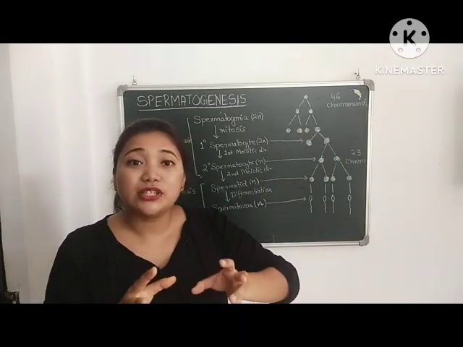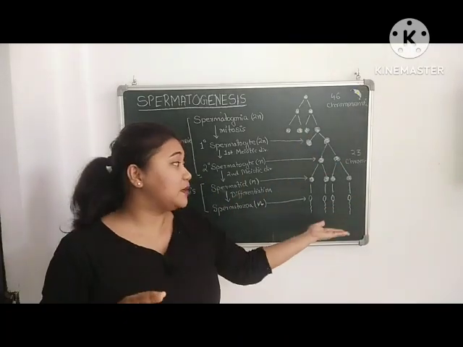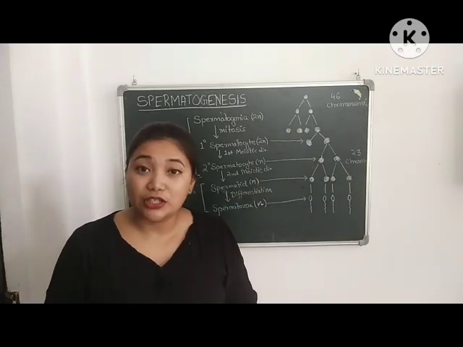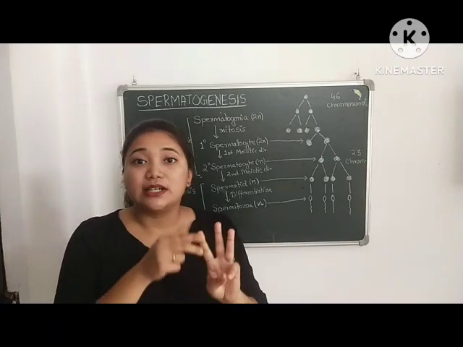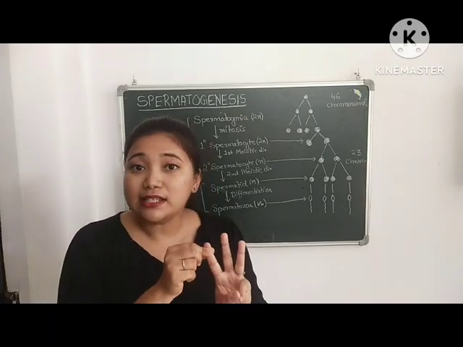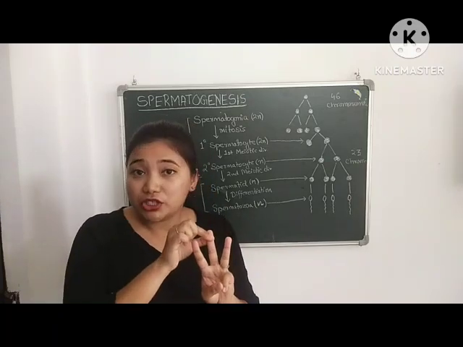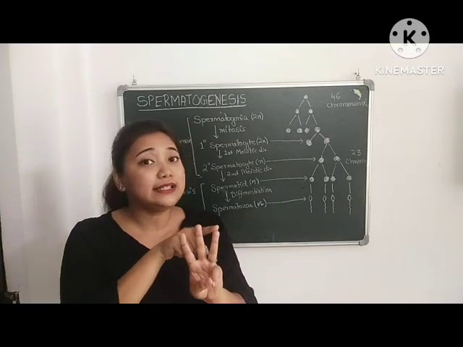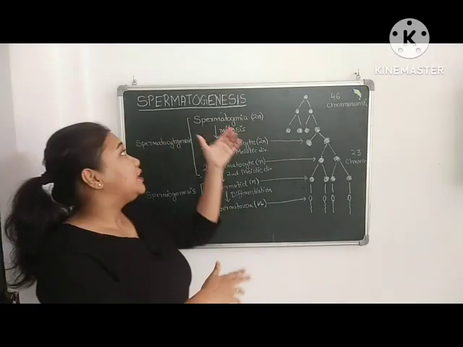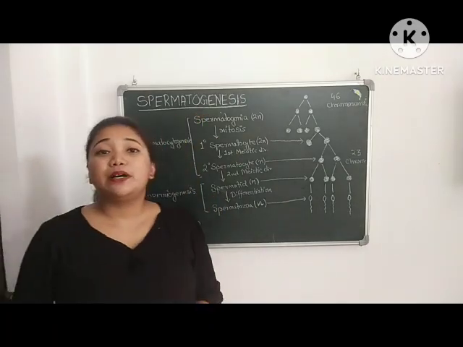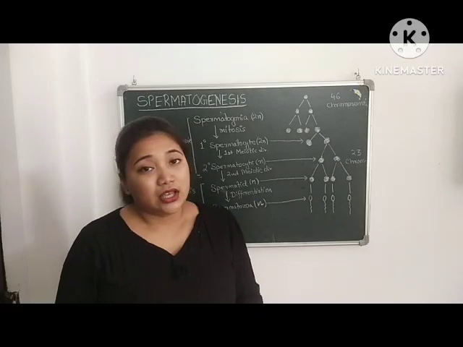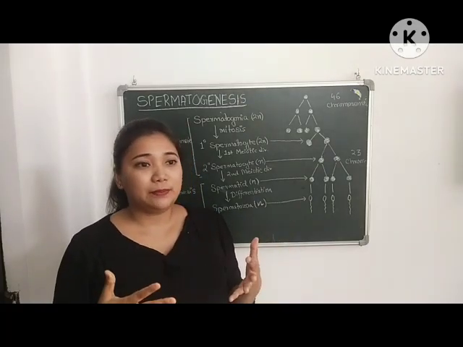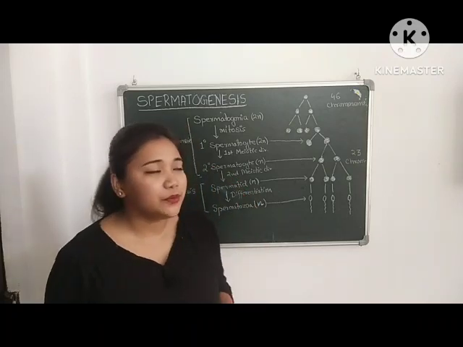So this process, where the spermatozoa become free to leave, is called spermiation. So we got three terms: spermatocytogenesis, then spermiogenesis, and then spermiation. All these three together complete the process of spermatogenesis.